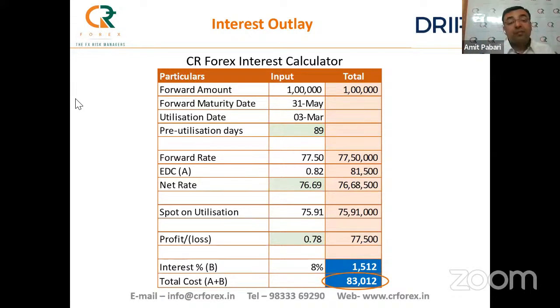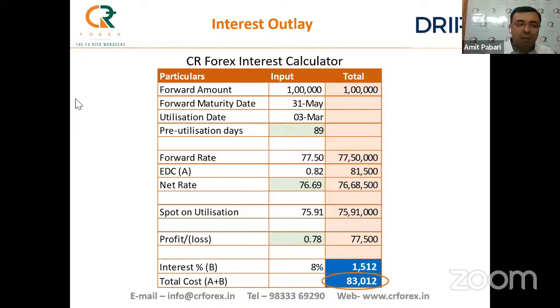That comes to 77,500. Bank will charge you interest on how many days you have early utilized. Say from 3rd March to 31st May, early utilize किया आपने 89 days का. So they will charge you 89 days पे interest cost, which is close to 8% to 9%.